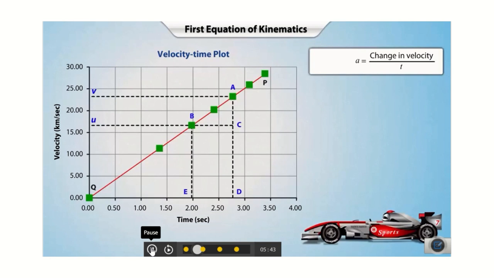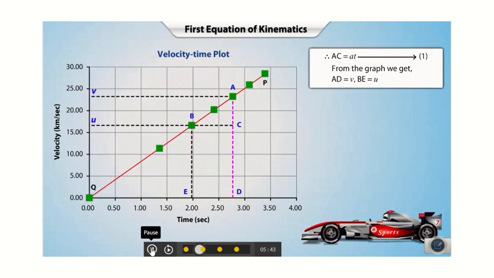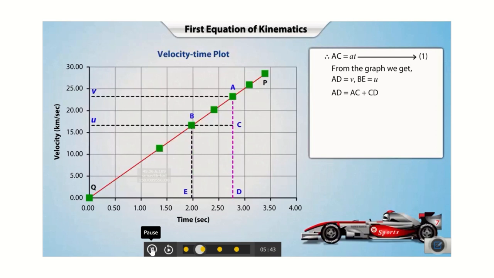Now in the graph shown here, AC represents the change in velocity. Looking at the graph once again, AD represents a line parallel to BE as well as the y-axis. So, according to the figure, AD is equal to V and BE is equal to U. You can see that AD is the sum of AC and CD.